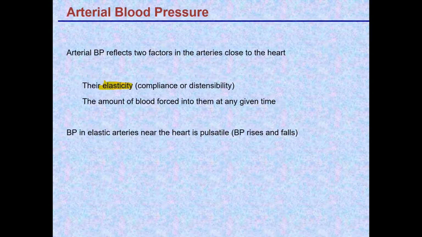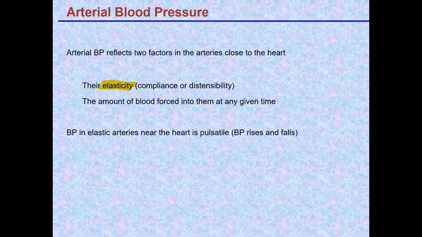And here compliance can also apply, how easily the blood vessel distends or stretches out. And that reflects their degree of elasticity. The amount of blood forced into them at any given time is another factor that determines the arterial blood pressure, their elasticity and how much blood is being pushed into them.